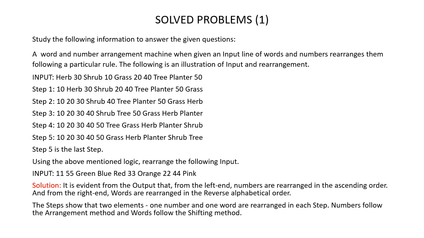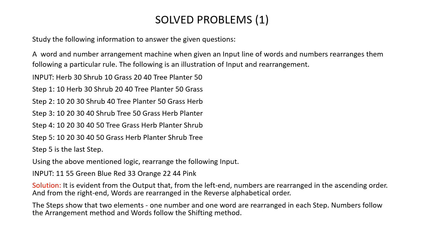Now, when you look at the output, you will see that the order is reversed. So the rearrangement is not done from tree to grass, but instead it's been done in the reverse order of what is given in the output, from grass to tree. These two reasons show that the shifting method is being followed at the right end.